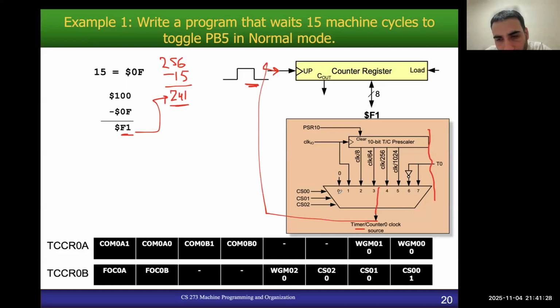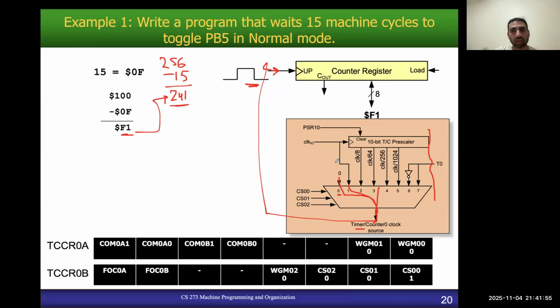So what options do you have? Zero means no clock, which means your timer will not work because you are not providing a clock. So you will have no clock on the output, and the timer will be disabled. One means your timer will operate on the same clock frequency as your microcontroller.